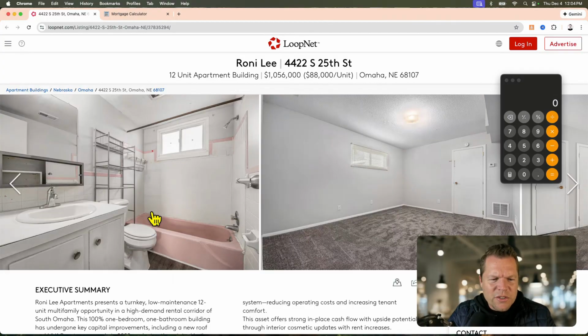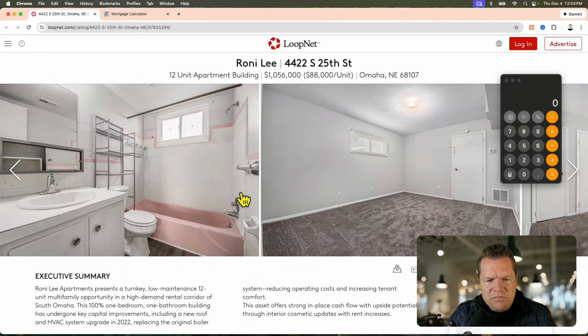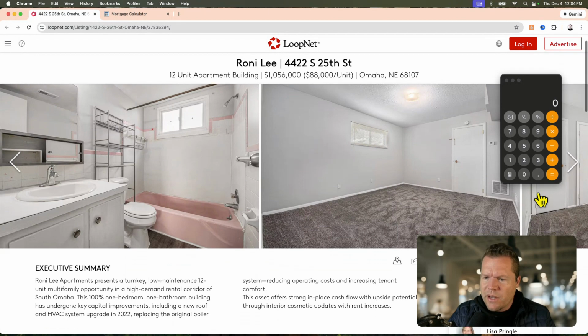That always looks nasty. This is the original sink, original countertop and cabinet, original medicine cabinet, with the original light probably up above it. Vent fan, they got a window in the shower. So it hasn't been completely renovated.